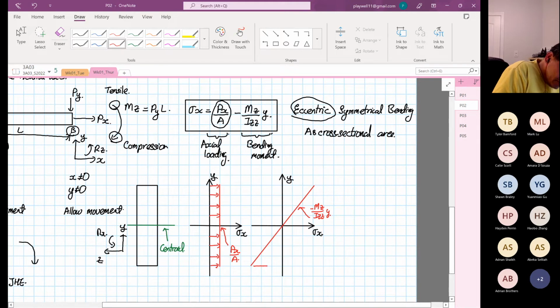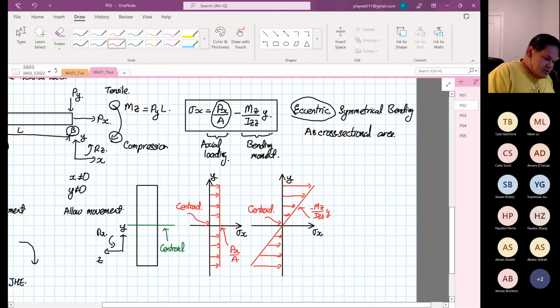Over here is compression, pushing towards the y-axis. On top is pulling away. Relative to y, this position is the position of our centroid.